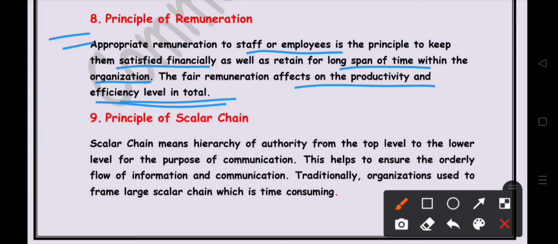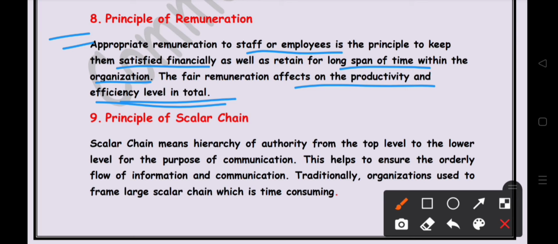For example, if you have employees working in your organization for a longer period, let's say 3 years, 5 years, or more than 5 years, it is the responsibility of the manager or the organization to give them proper remuneration. There should be an increment in salary, or some kind of bonus for festivals and additional benefits.